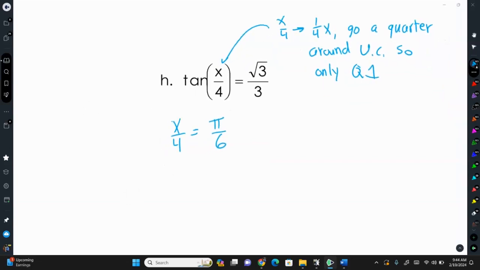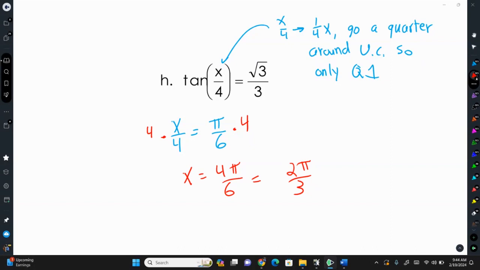So this is our only solution. Now we have to multiply both sides by 4, so we get x equals 4 pi over 6, which is 2 pi over 3. Right, so that's it for these more complicated ones where we have double angles and partial angles.